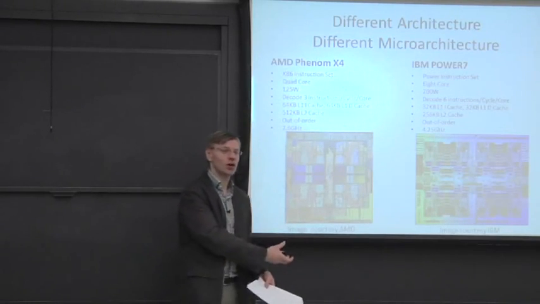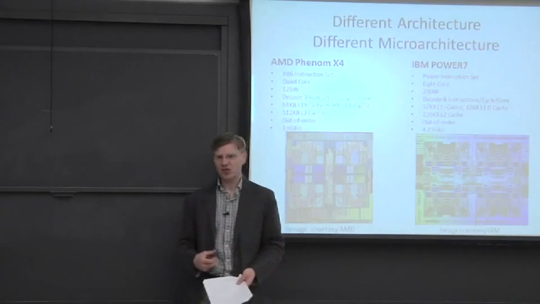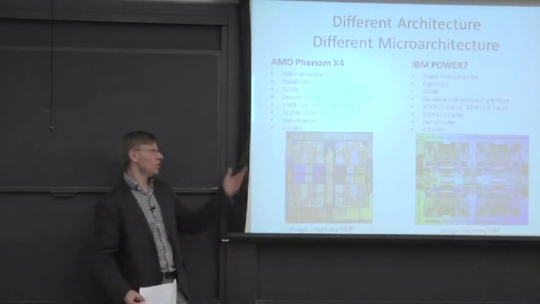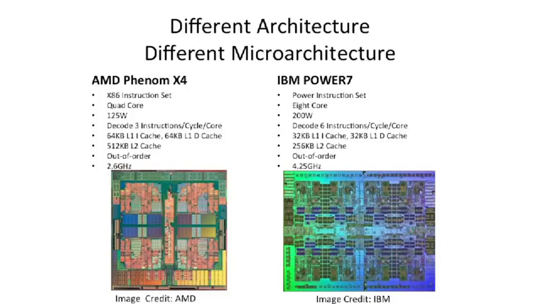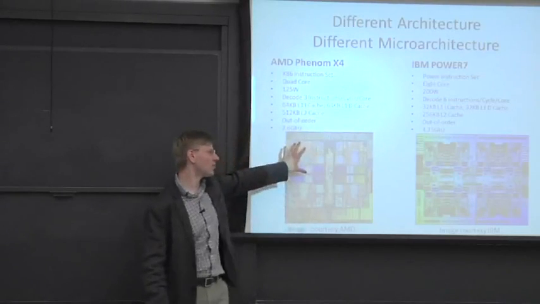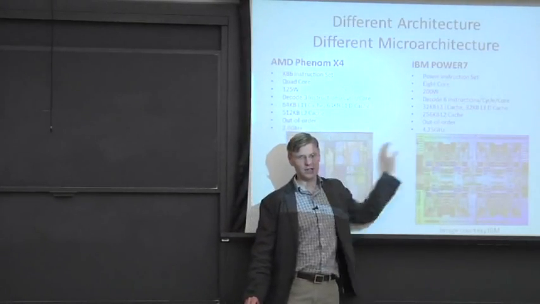So you can't run the same software on those different instruction set architectures. Here we have an example of 2 different instruction set architectures with 2 different microarchitectures. We have the Phenom X4 versus the IBM Power7. We already talked about the X4, but the Power7 has the Power instruction set, which is different than the x86 instruction set. So you can't run one piece of code that's compiled for this over here, and vice versa.